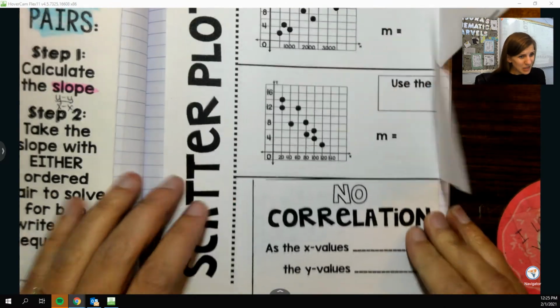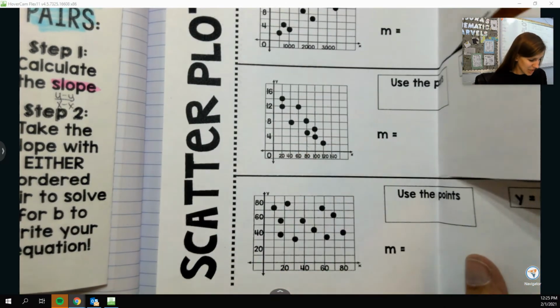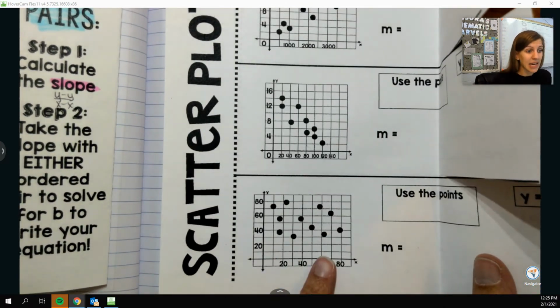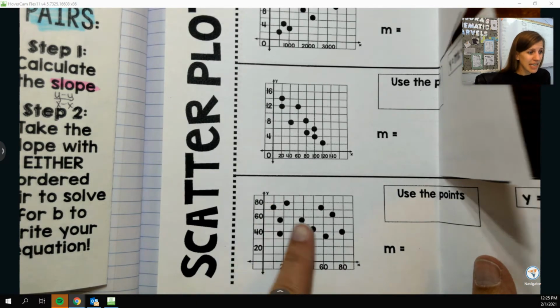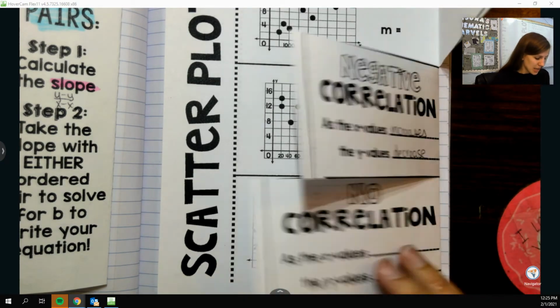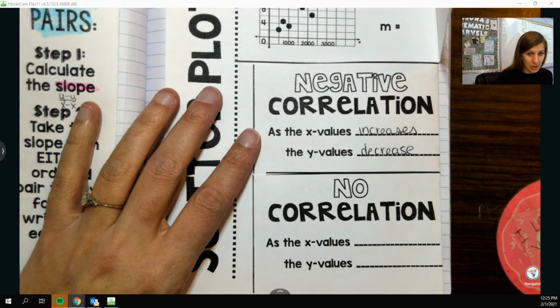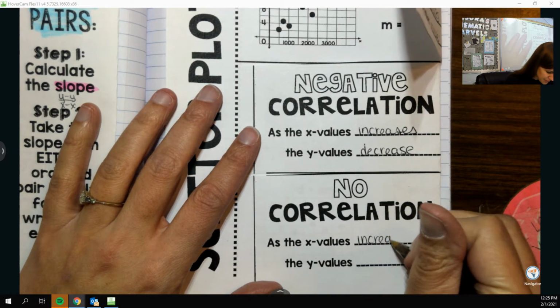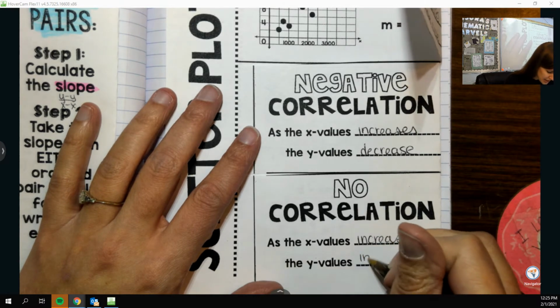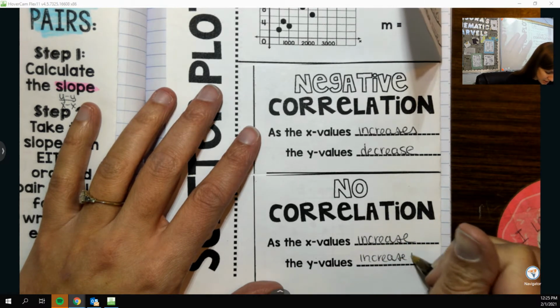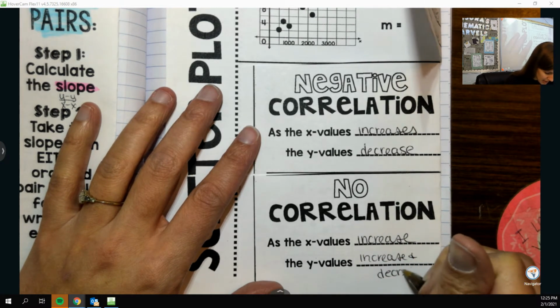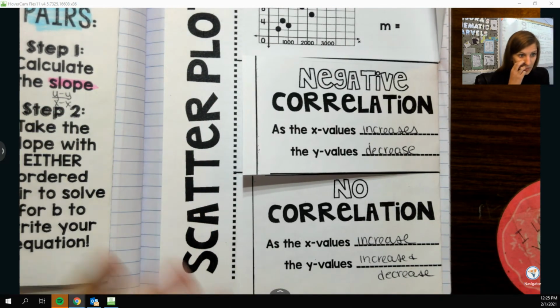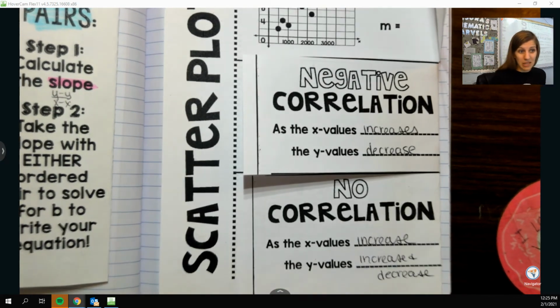But you could also be looking at a scatter plot that is just totally scattered. Like this isn't trending down or trending up. So this has no correlation, which means as the x values increase, the y values increase and decrease. So they're not doing anything specific, which is kind of a bummer.